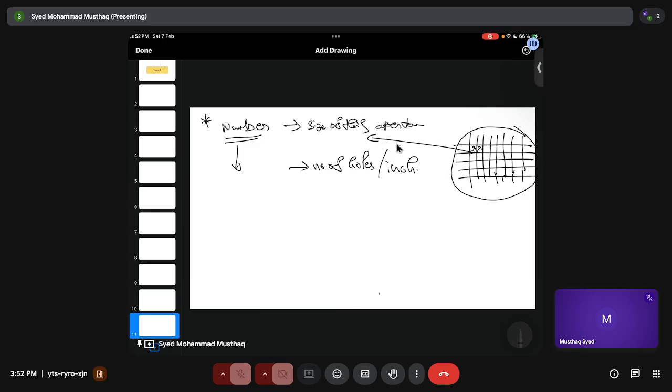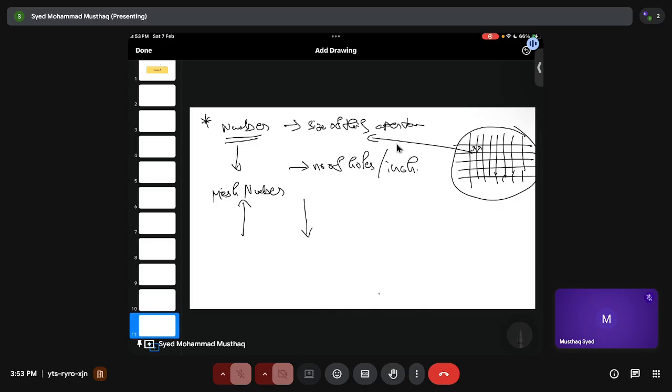It is the oldest method, and we still follow it. Now the number of holes per inch: if you have a very large number, then there are more holes per inch. That means the size of your aperture becomes smaller. So there is this relation: if your mesh number increases, the size of your aperture or hole decreases, right?